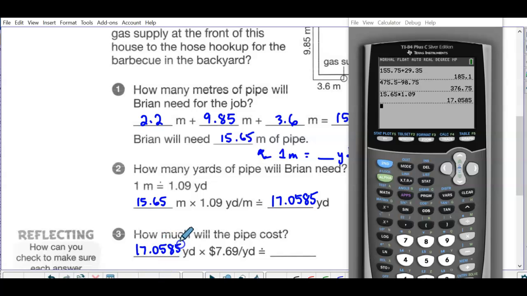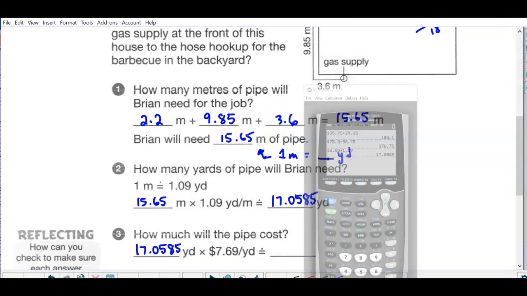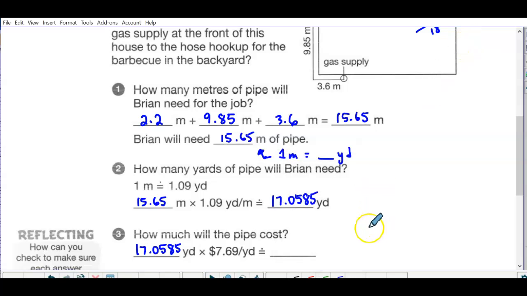Now here's the thing. When you go to buy things, certainly as just a retail consumer at Home Depot, you can't buy 0.0585 of a yard. So you would want to say whole yards. Maybe for a builder, that's a different story because they can go to their supply and just cut off what they need.